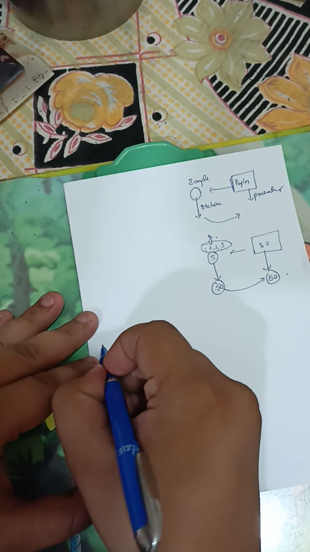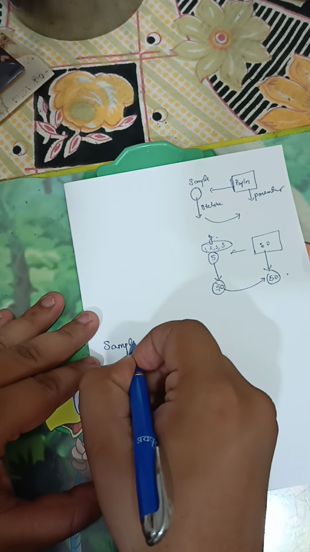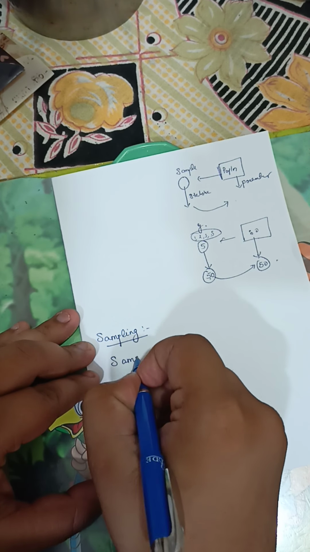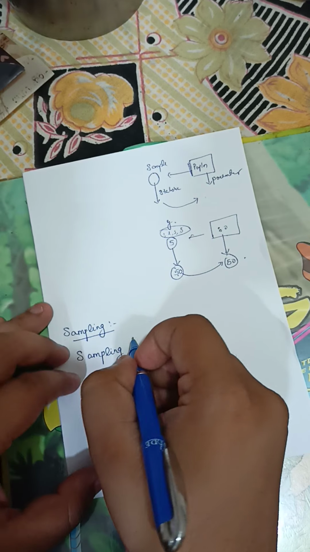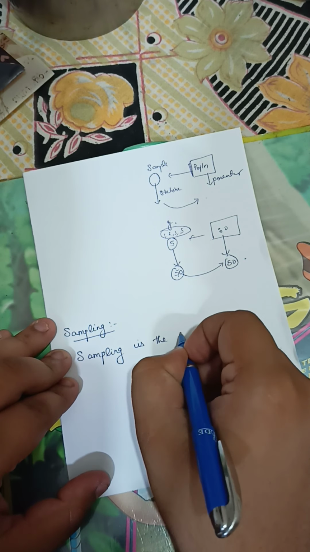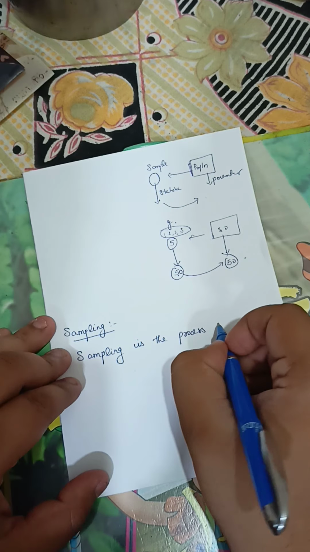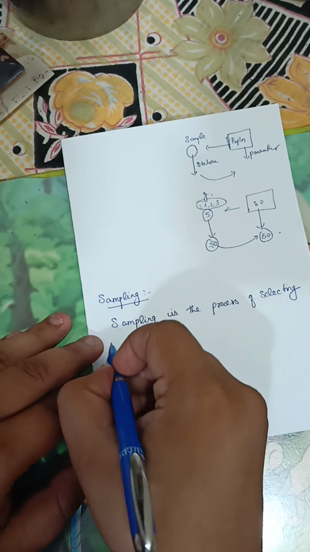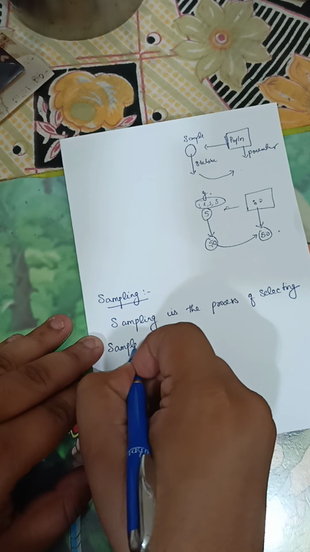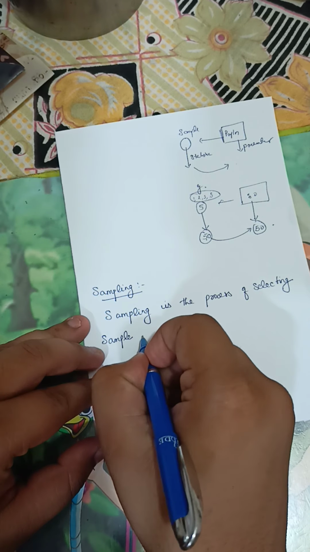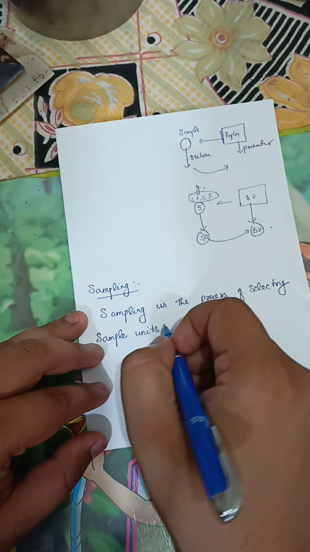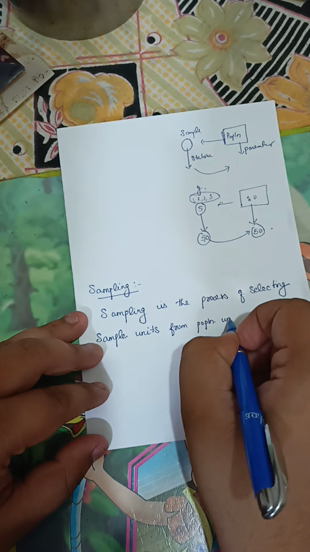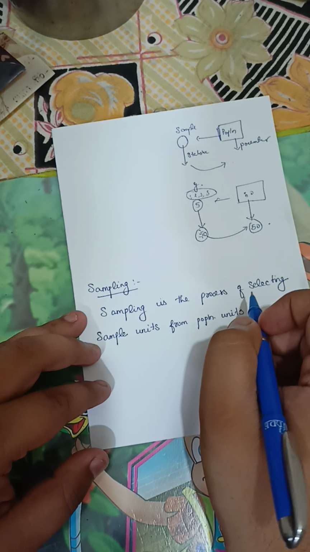Let us write it: sampling is the process of selecting sample units from population units. It is the basic definition of sampling.